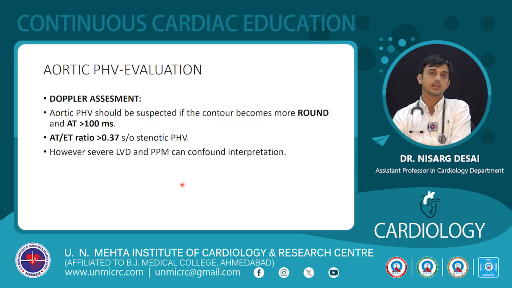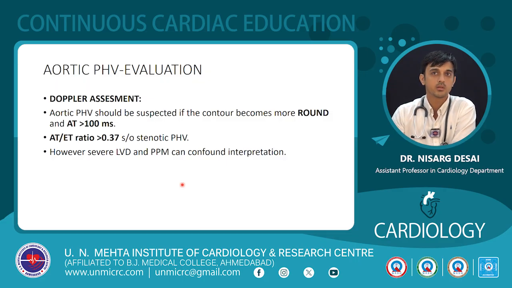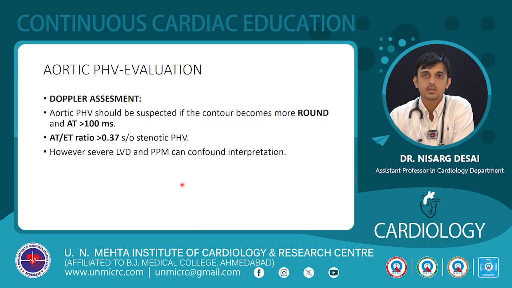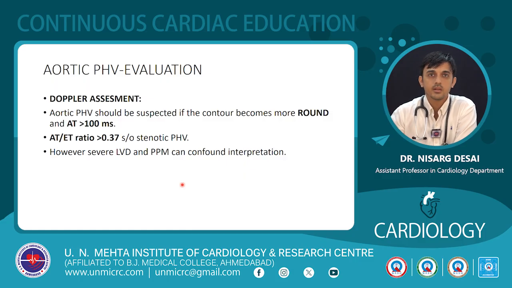If the acceleration time is more than 100 millisecond, or the shape of the Doppler is rounded, or the AT by ET ratio, that is acceleration time to ejection time, is more than 0.37, all this points out that the contour is tongue shaped and not triangular. So we'll see the echo image in the upcoming slide.